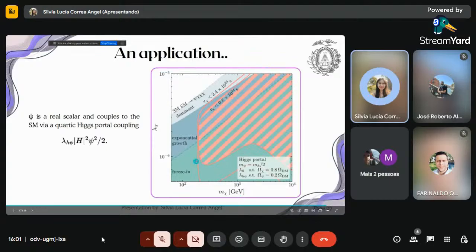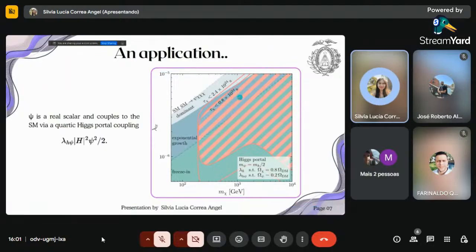Here in orange, you can see what you expect from the CMB spectrum. Here in green, you will see the phase where the freeze-in mechanism will produce the dark matter density that we need in the first step, and after that, the exponential growth that will reproduce the current relic density.